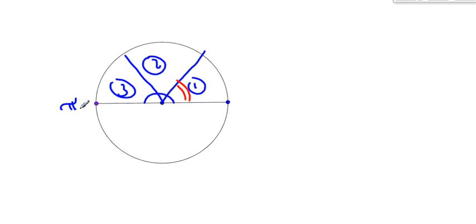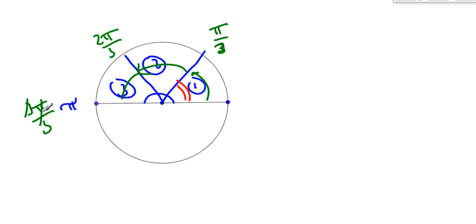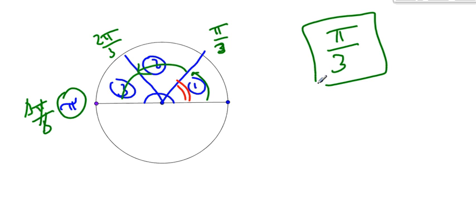Well, this measurement is 1/3 of pi, or pi over 3 radians. So this is 1 pi over 3. This angle here would be 2 pi over 3. And this would be 3 pi over 3, but we just reduce it to pi. So pi over 3 is also an important angle that you're going to need to know about.